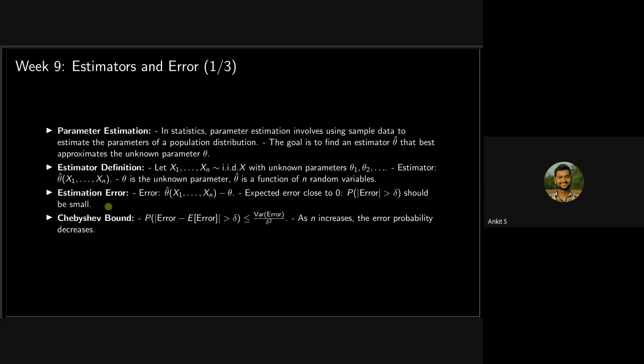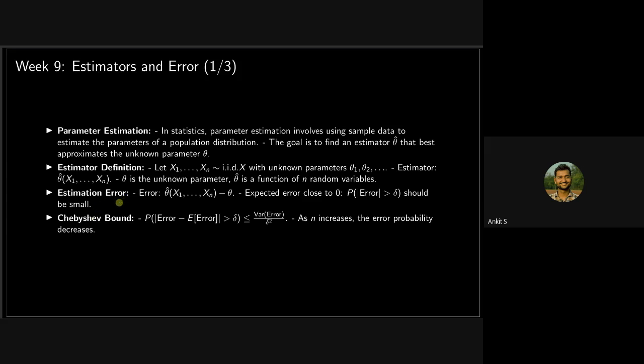Then there are a lot of things that we do to make sure that whatever job of parameter estimation we are doing, we are doing it in a good way. Because I give you a sample, and it's not necessary that you will come up with a good guess for the parameter. So how do you assess the quality of the estimate that you get?